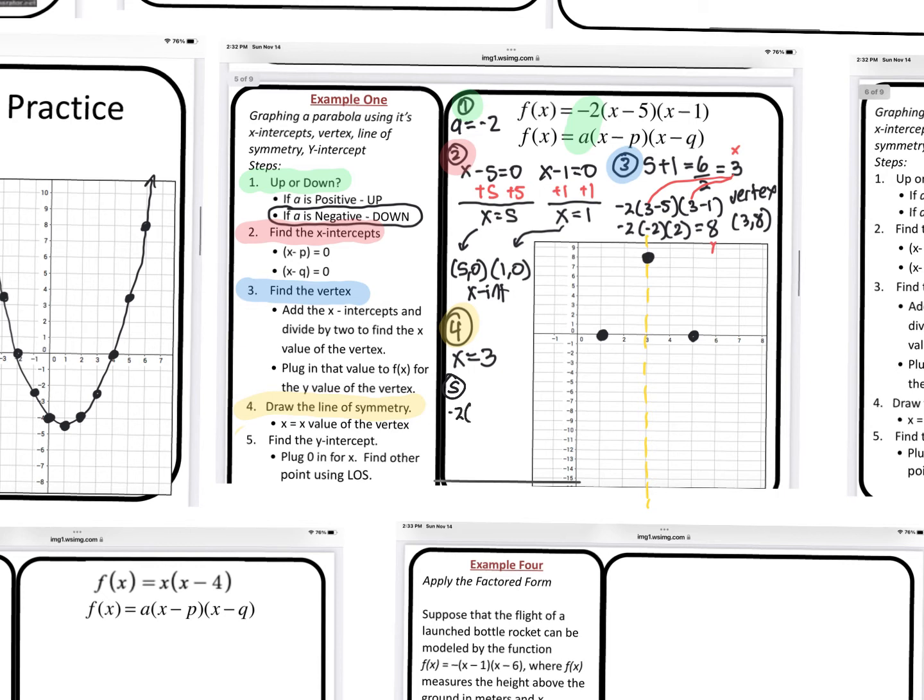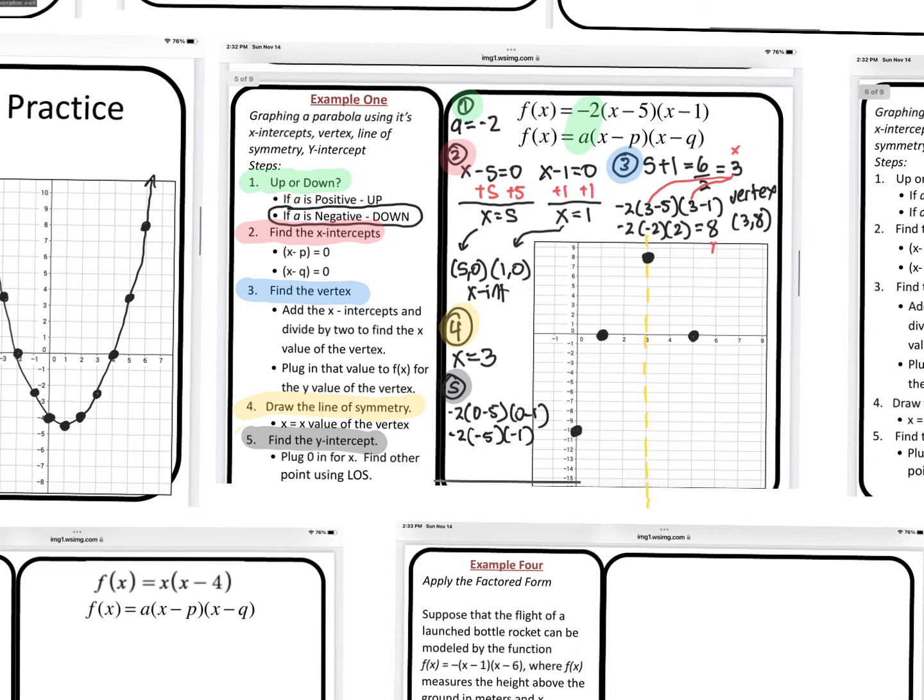So we've got -2(0 minus 5)(0 minus 1). This is our last step that I'll highlight, which is over here. Let's see where that takes us. So that's going to be a -2 times a -5 times a -1. So it looks like that is going to give us a -10.